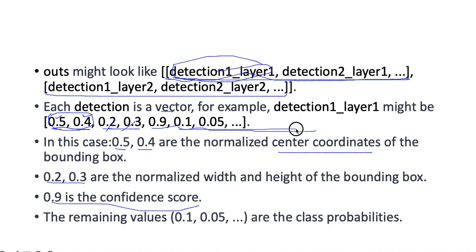What are those values? These are the class probabilities. That means 0.1 is the probability of this object belonging to class 1, 0.05 is the probability of this object belonging to class 2, and so on and so forth. So this is what the outs will look like. I hope you understood.